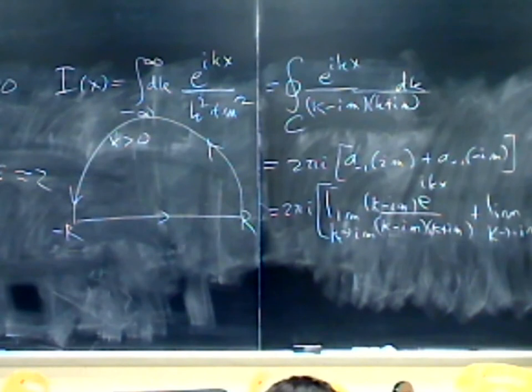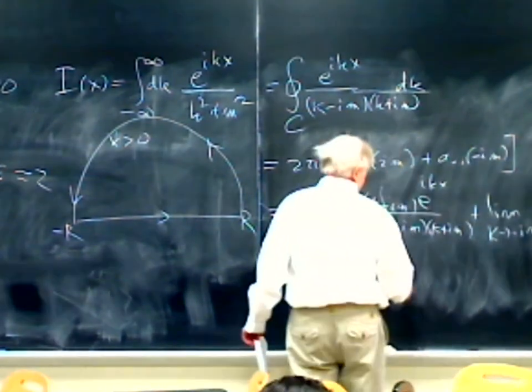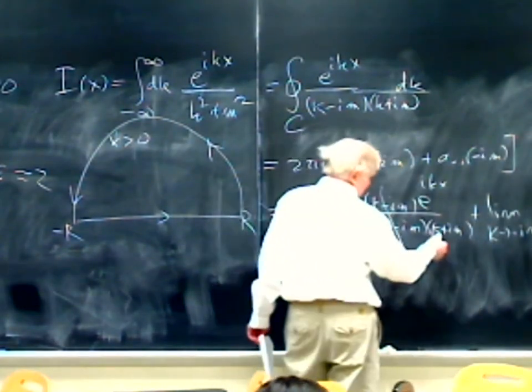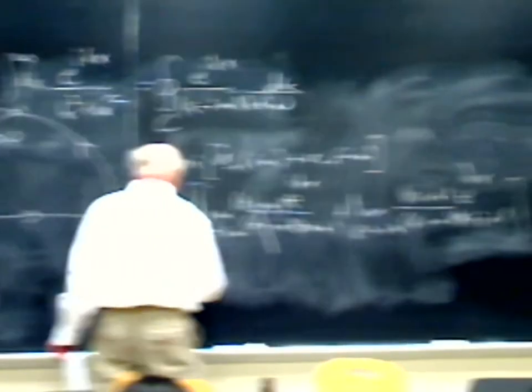All right? These cancel. Let k go to im, that's 1 over 2im, so this is 2 pi i.